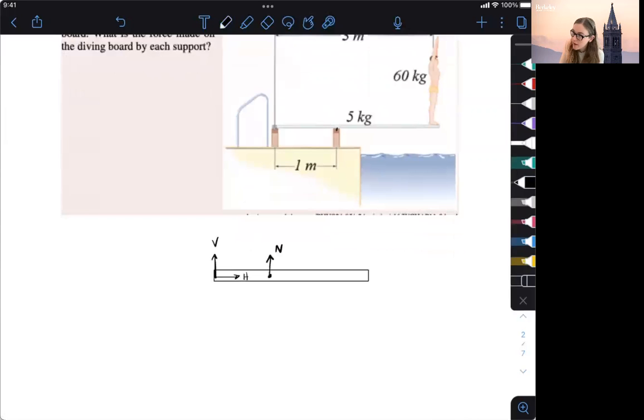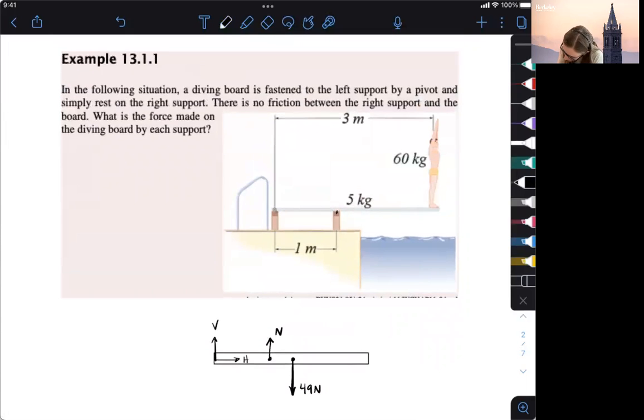also coming through the board here. Then midway through the board, this is very important. Whenever we have an object and it's a weird shape, we're going to model the weight at the center of mass. So this is 49 newtons. That's in our problem. We're given the weight of the board.